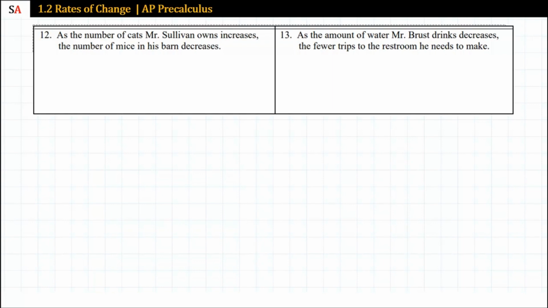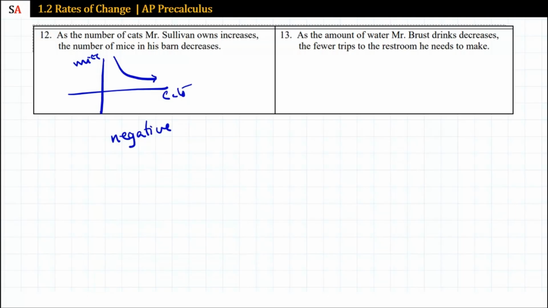So the number of cats increases, the number of mice in his barn decreases. So it is a negative rate of change. So if the cats increase, the mice will decrease.